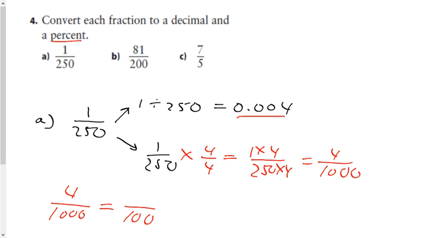And Jack, what do we divide 1,000 by to get 100? We divide it by 10. And remember, division like this is really dividing by 1, really, because dividing by 10/10 is still dividing by 1, which doesn't change it. So an equivalent fraction to this would be 0.4/100, which therefore is 0.4%, which is less than 1%, which we knew from our first picture.